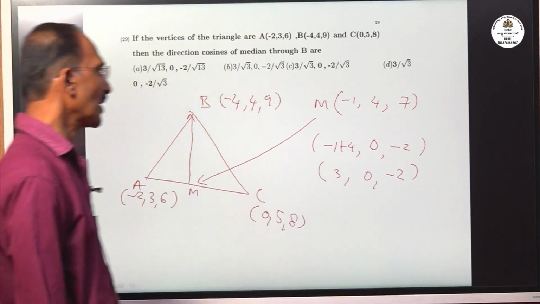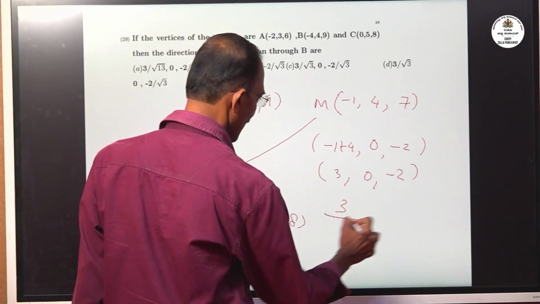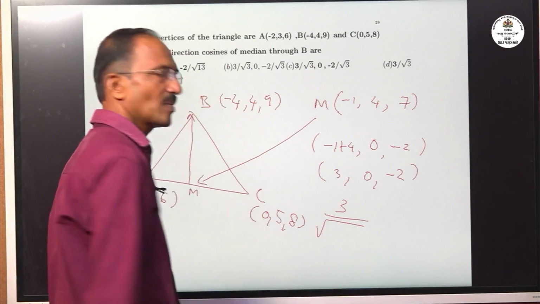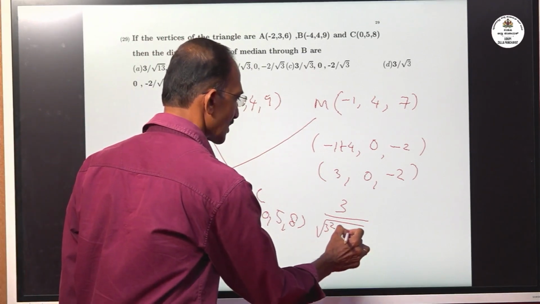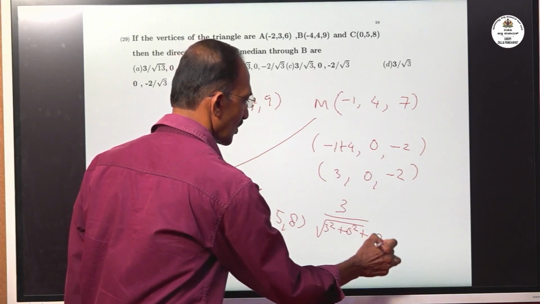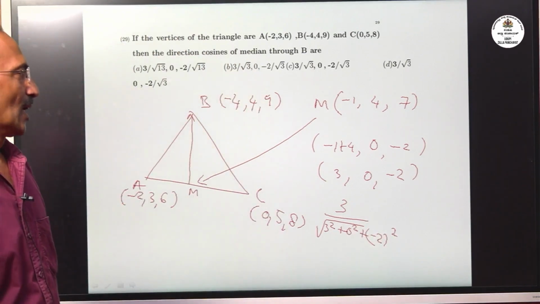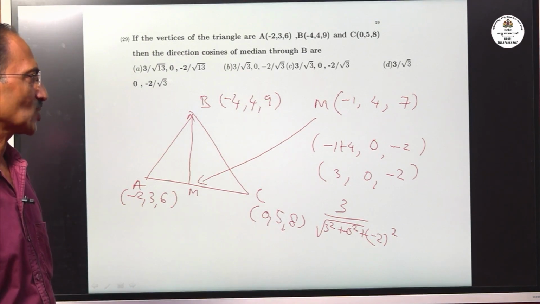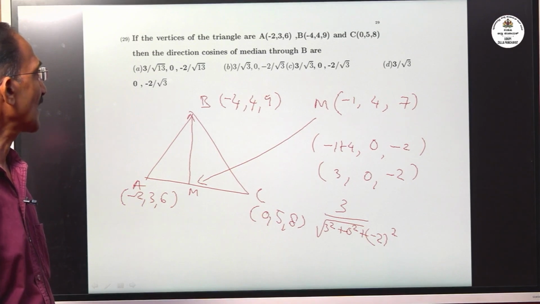So what are the direction cosines? Just divide by the magnitude of the vector, that is root of 3 square plus 0 square plus (-2) square. So 3 square is 9, 0 square is 0, (-2) square is 4, 9 plus 4 is 13, so root 13.